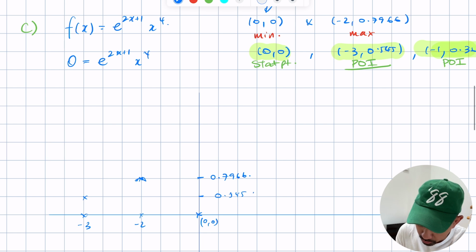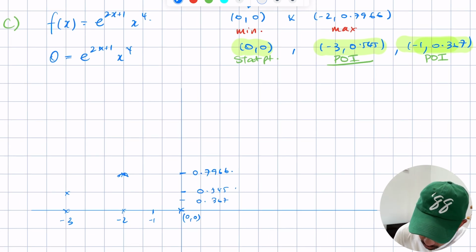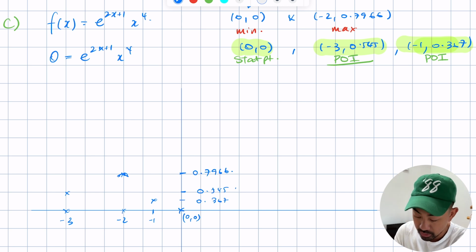And then I've also got another point of inflection at minus 1, so this is even lower than 0.545. So this is 0.367, so about here. Now what's going to help me to actually draw this is a little turn where I know it's a min or a max. So I know 0, 0 here is a minimum, minus 2 is a maximum.